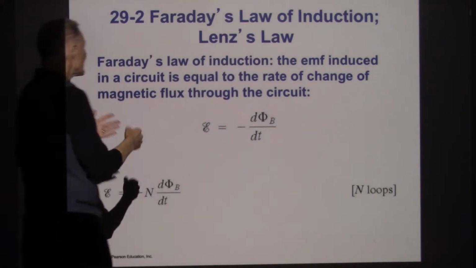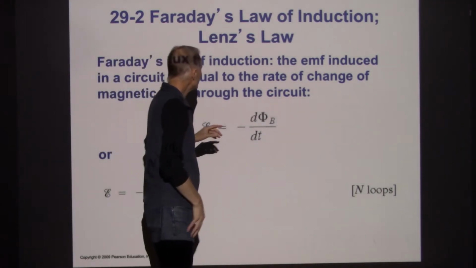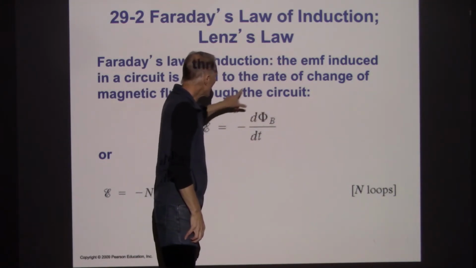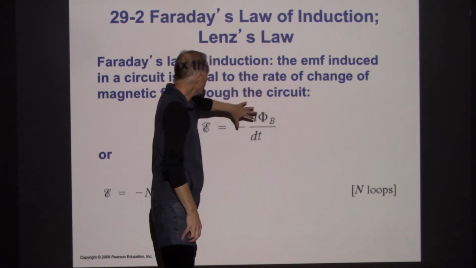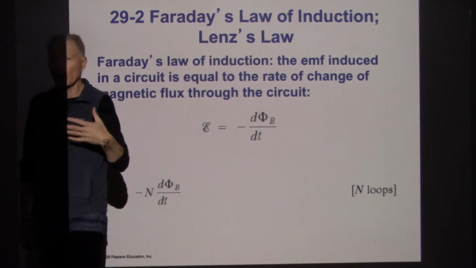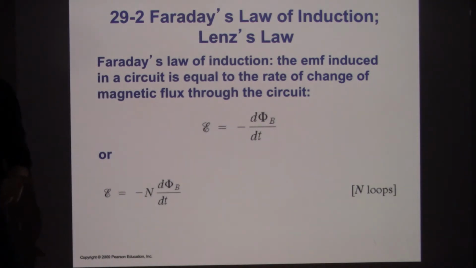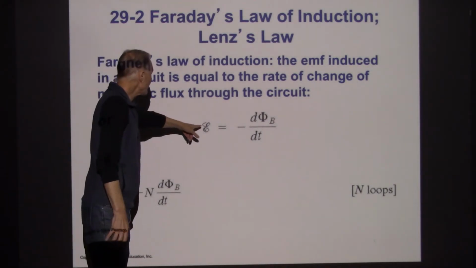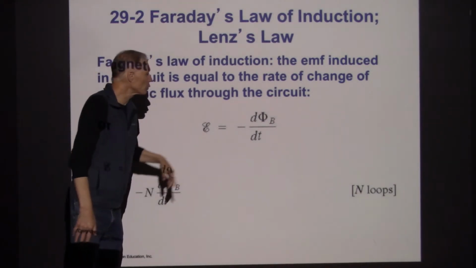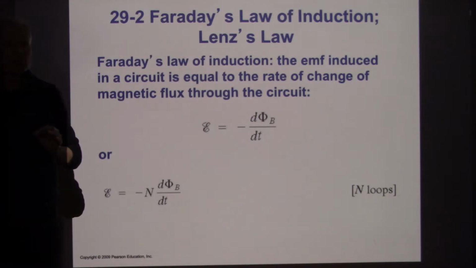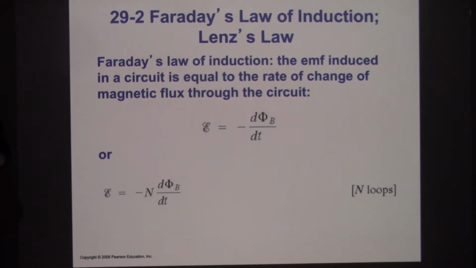What Faraday's law tells us is that if we keep track of the rate at which magnetic fields are varying, specifically something we're going to call magnetic flux, that will allow us to determine how much EMF is going to show up in a generator, for example.